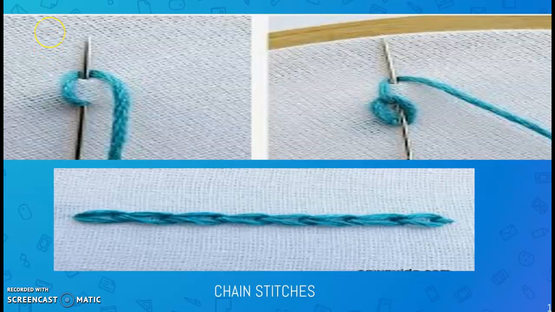And then you pass the tip of the thread through the fabric to form a loop as you pass the thread under it, and you pull out the needle, but not too tightly, as you see over here. Put the needle back into the fabric inside the first link and bring it out and form loops as before. This is how it is made.